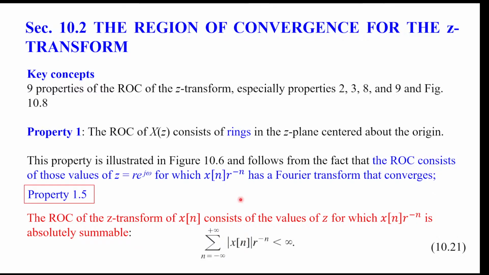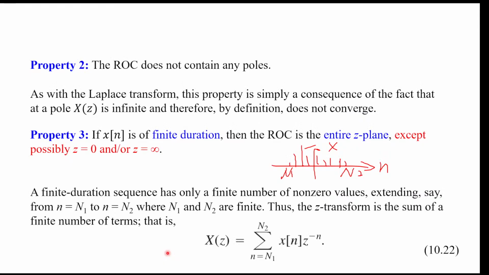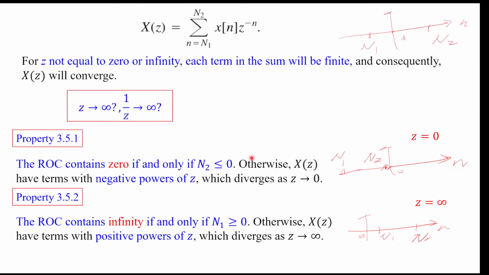Property 1: the ROC is the set of points where x of n times z to the minus n is absolutely summable, and the ROC doesn't contain poles. For a finite duration signal, the ROC is everything, except that if you want to include the z equal to 0 point, then your signal should be 0 when n is greater than 0.